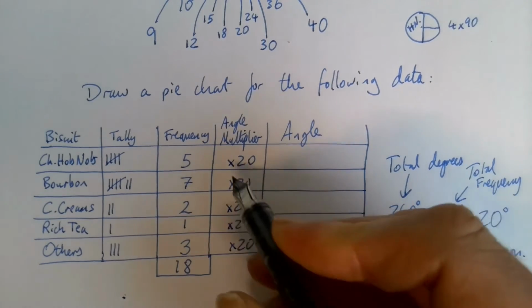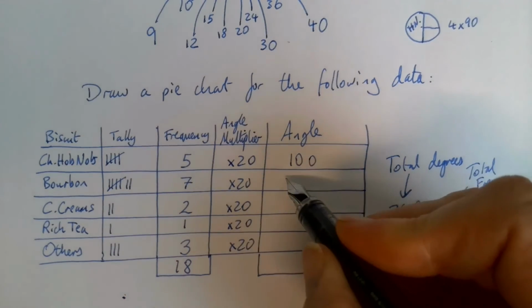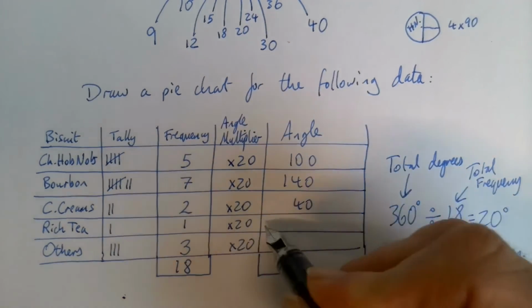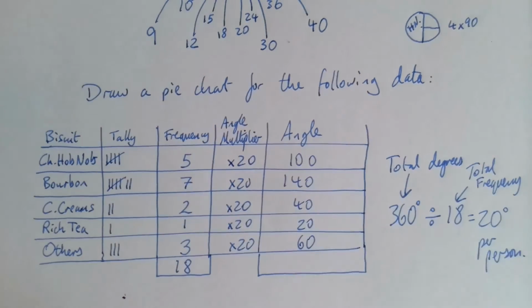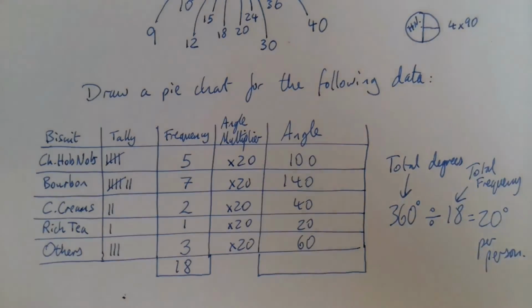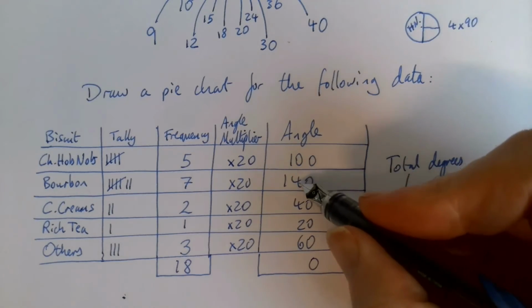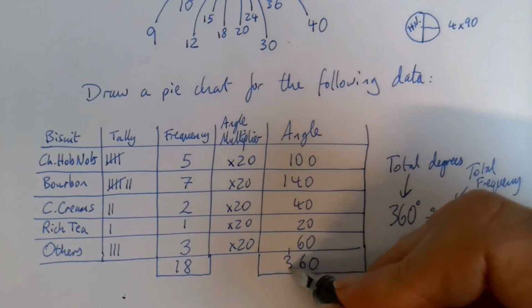And then all we have to do is 5 times 20 for 100, 7 times 20 for 140, 2 times 20 for 40, 1 times 20 for 20, 3 times 20 is 60. And then to double check we've got it right, we just add all of these up. 4, 8, 10, 16, 1, 2, 3.